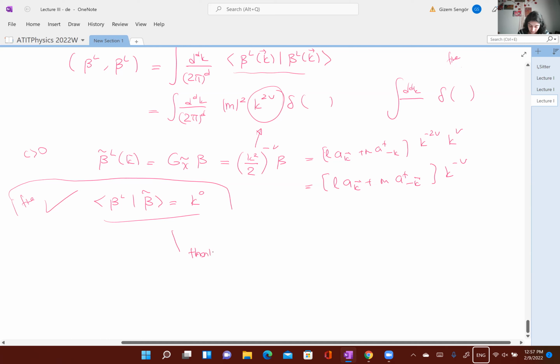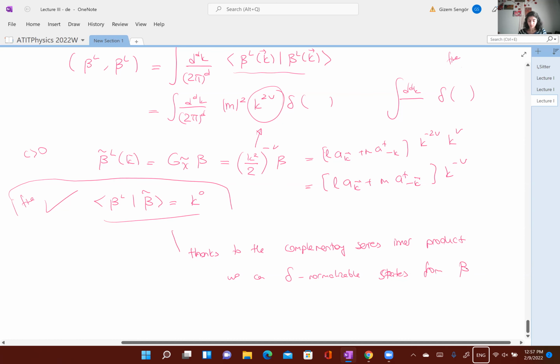thanks to the complementary series inner product, we can have Dirac delta normalizable states from beta.